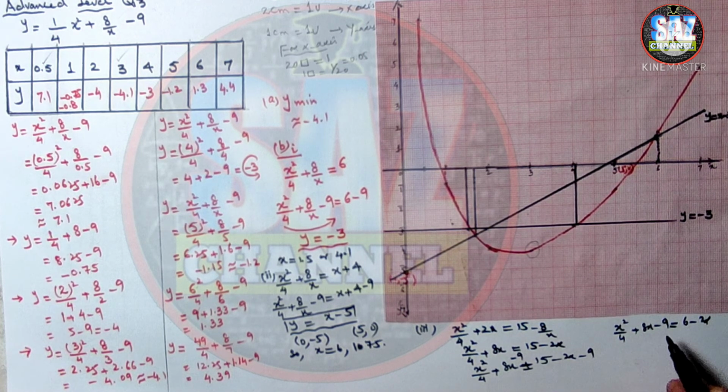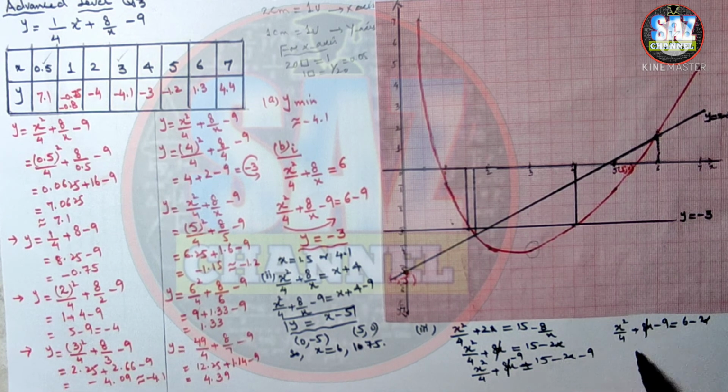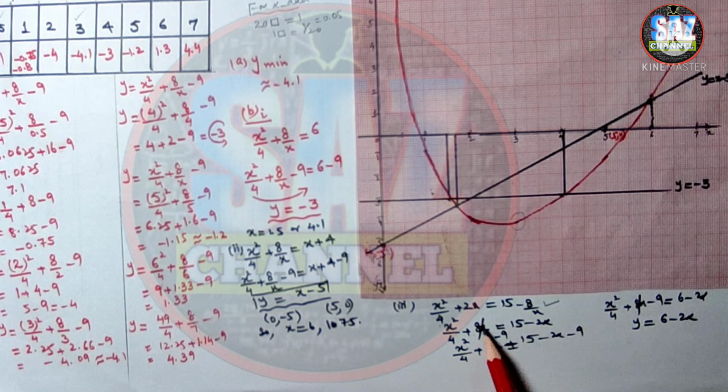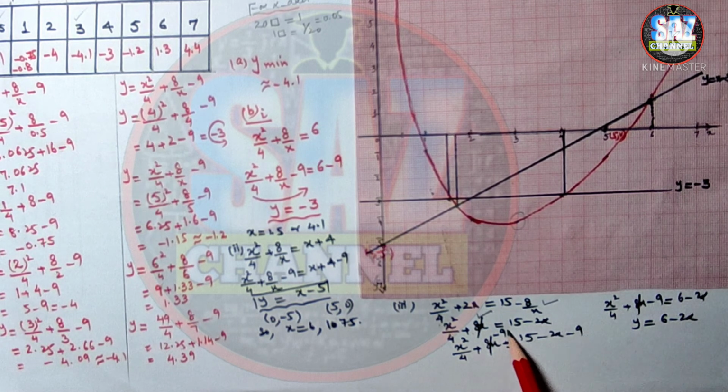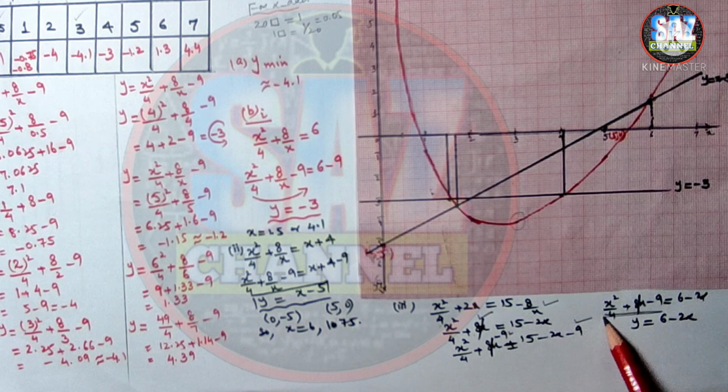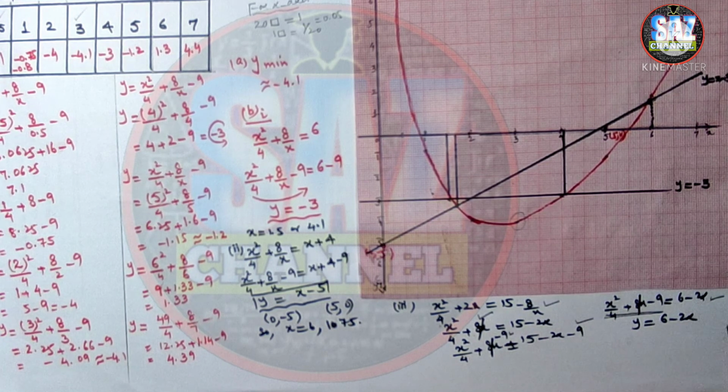Now compare this equation, 8 over x, and this is again 8 over x because I'm shifting 8 over x to the other side, and this whole is equal to y equals 6 minus 2x. Okay students, let me explain this part once again. x squared by 4 and 8 over x is similar, so shift 8 over x, and then we need minus 9, so I am adding minus 9 to both sides, and now this part is similar to the original equation, and on this side I will have 15 minus 9, 6 minus 2x.